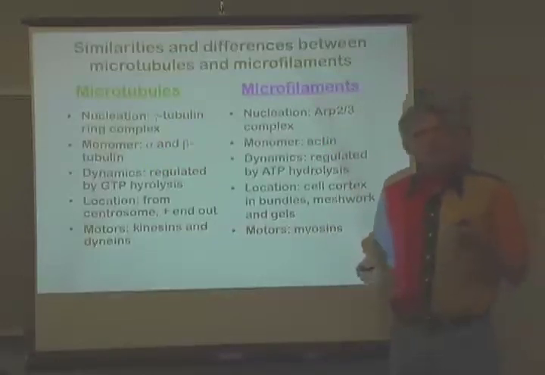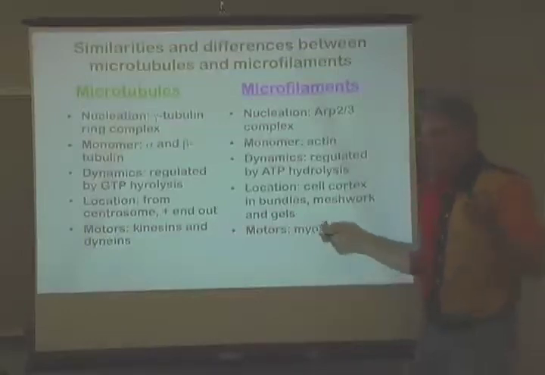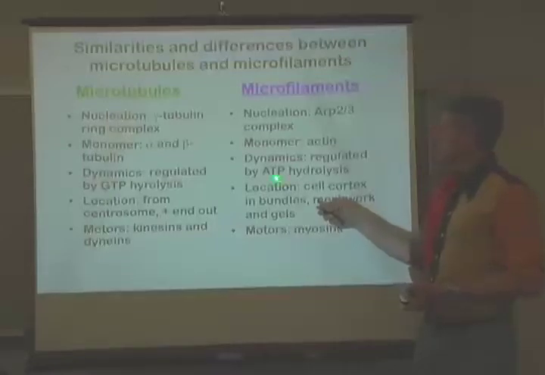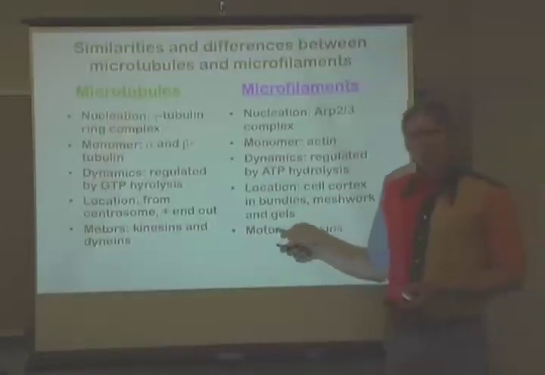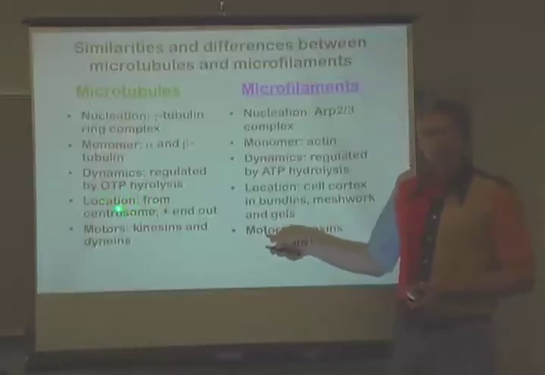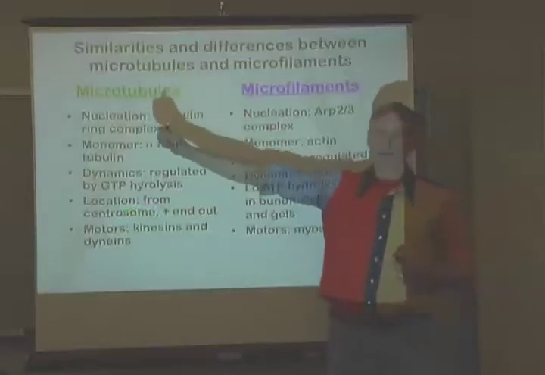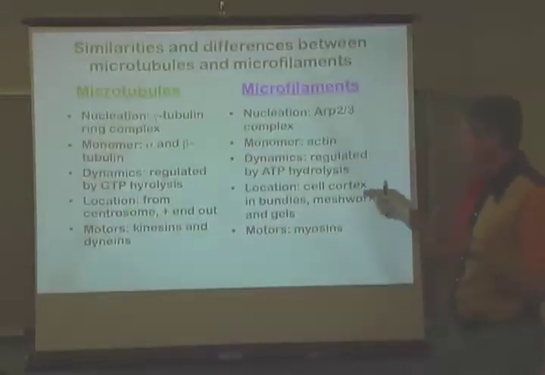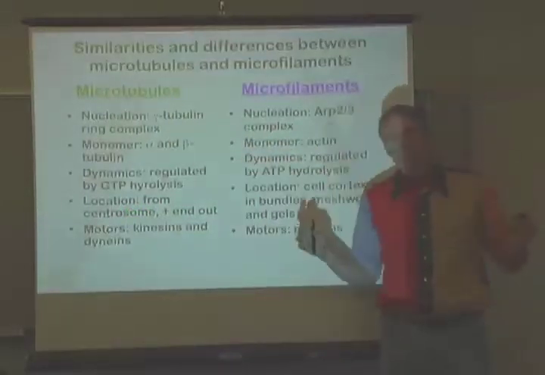Their dynamics are regulated by nucleotide hydrolysis, but they have different nucleotides. Microtubules, GTP, actin filaments, ATP. Their localization is governed, in the case of microtubules, by the centrosome. Microtubules are plus end out. Actin filaments are localized in bundles.